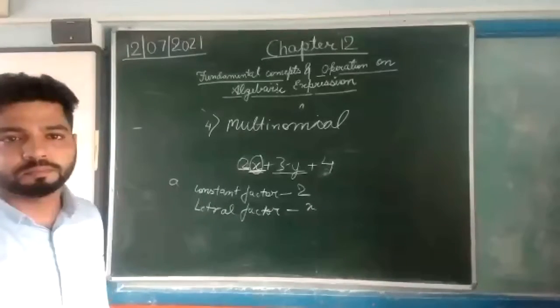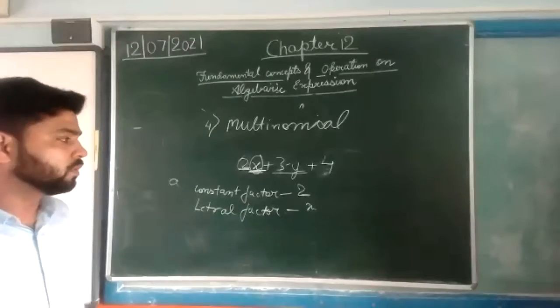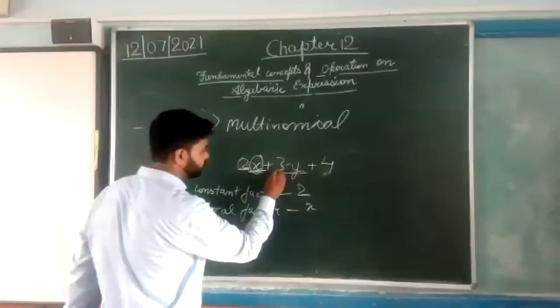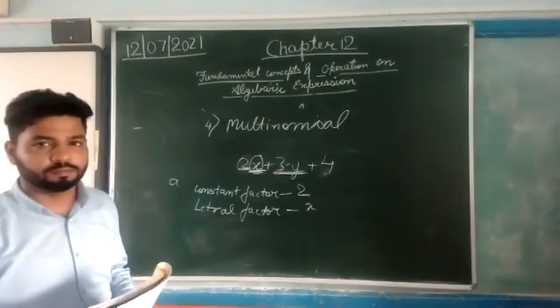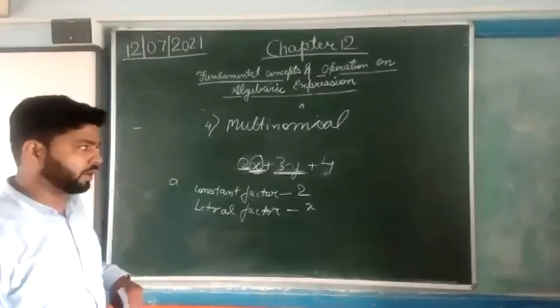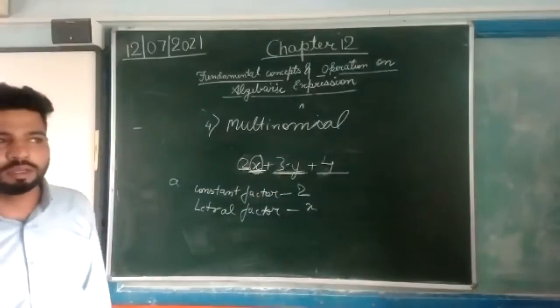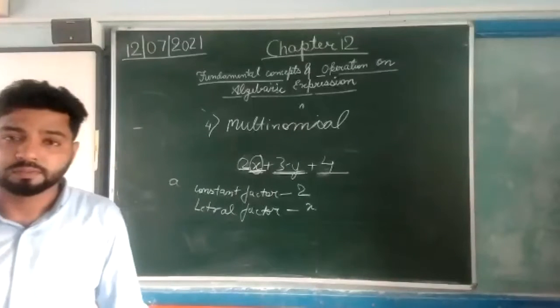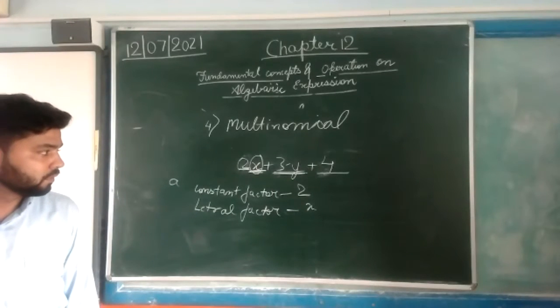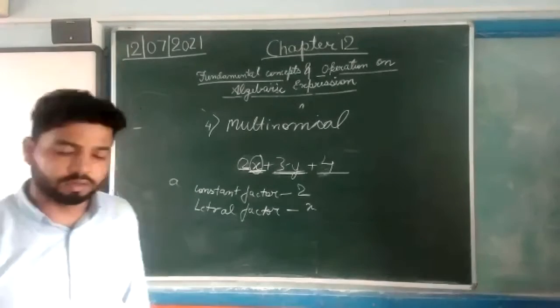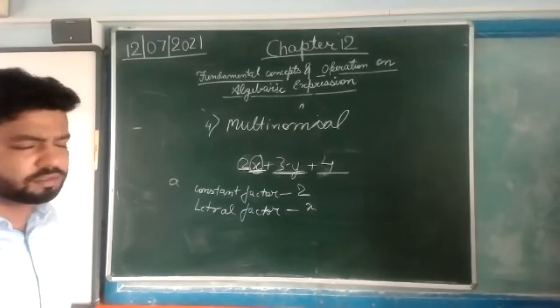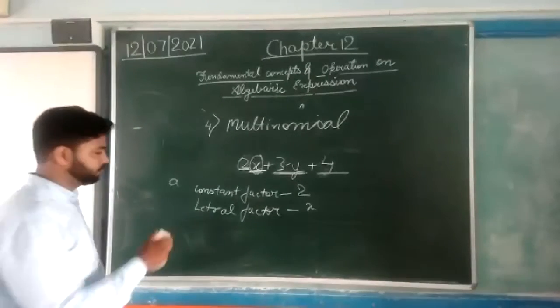Akansha, tell me. 3 is the constant factor and y is the literal factor. What is the constant factor and what is the variable here? The literal factor is not there and the constant factor is 4. So we can say that the literal factor is 0 here.